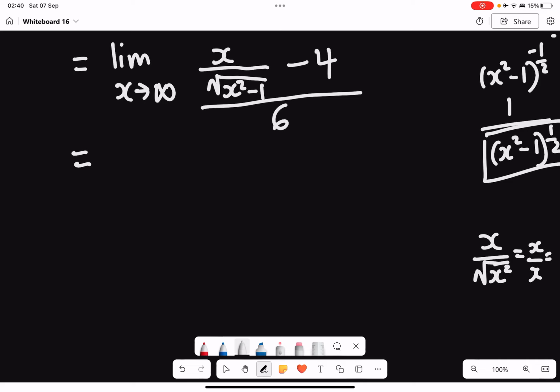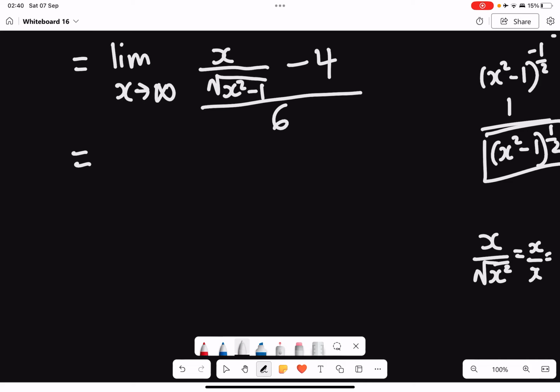Perfect. So if we consider that fact, we can conclude that as x gets bigger and bigger, the effect of the minus 1 won't be that much. We are just approaching x over the square root of x squared, because the minus 1's effect becomes minute as we get bigger and bigger.